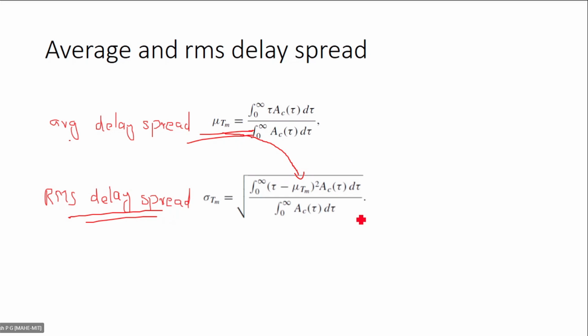So the denominator is the same. Only thing is that you are using the value that you have found in the first equation to find the second equation. Okay, so you can find two values, that is average delay spread and RMS delay spread, once you have the power delay profile.